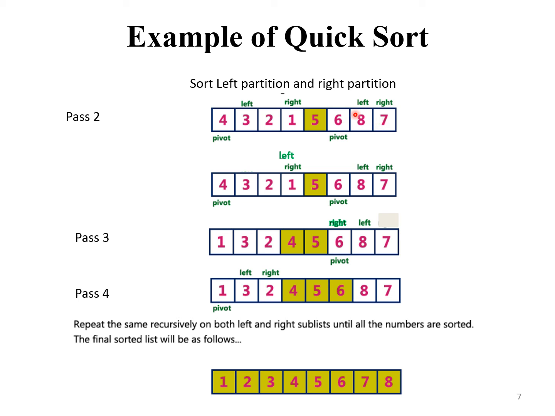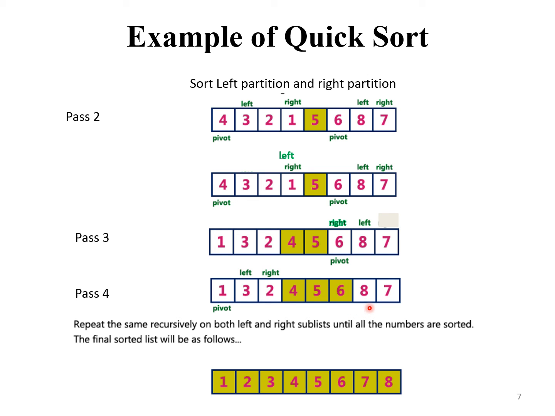Then our right is decremented by 1. So now right points to the pivot position, meaning the first position. Here we cannot exchange our pivot and right because the pivot and right element are the same. So now 6 is in its fixed position, meaning its correct position.